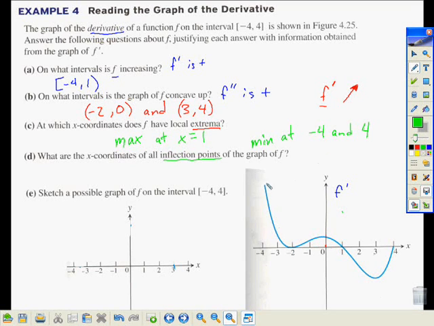So we look here, I'm going down and then I'm going to go up. Okay, so that means that my second derivative is going to be equal to 0. Here I'm positive. I've got a maximum here.